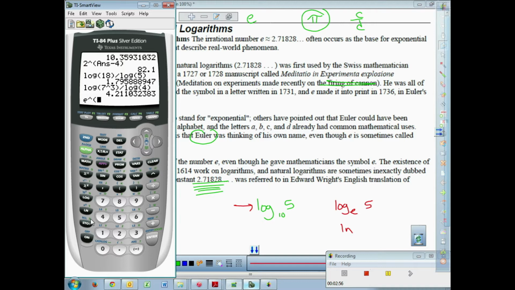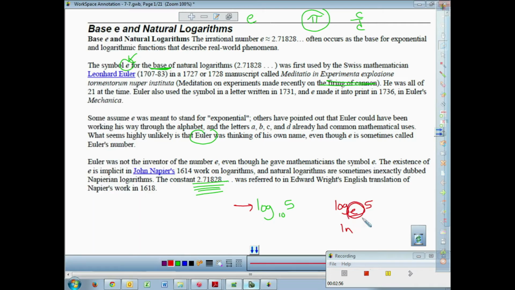You have to take it to a power. Well, how do I figure out what e is? What power would I have to raise it to figure out what e is? To the first power. That 2.7182 and so on. There's that number right there. It's the number e. So realize whenever we have an e in our problems, we don't want to use regular common logarithms. We would much rather use natural logarithms.